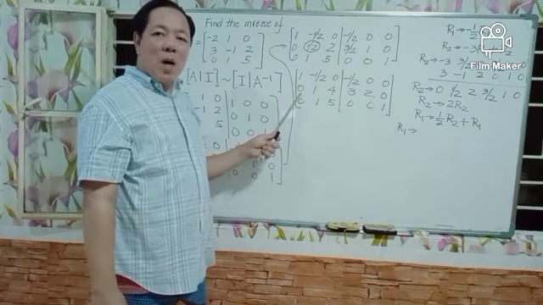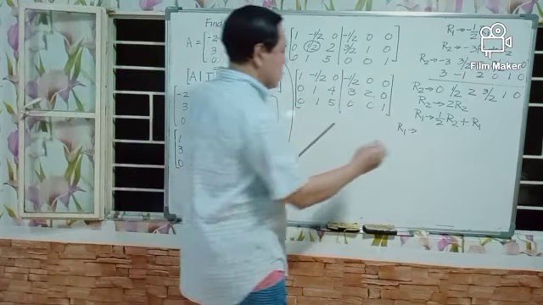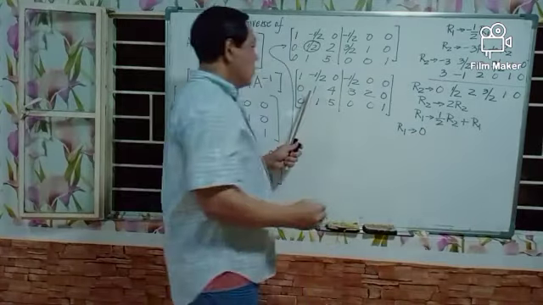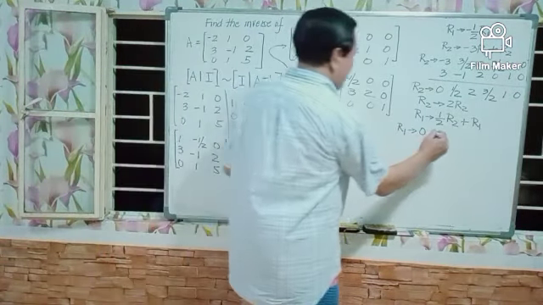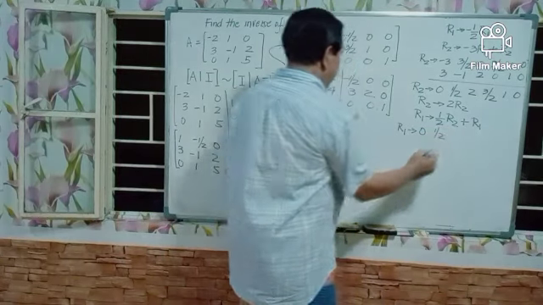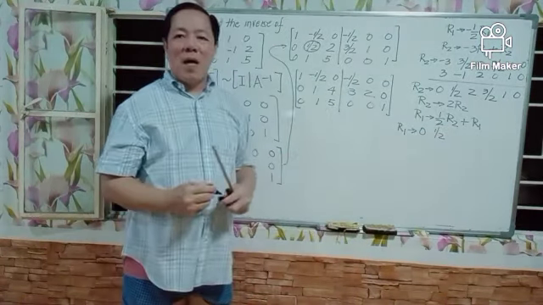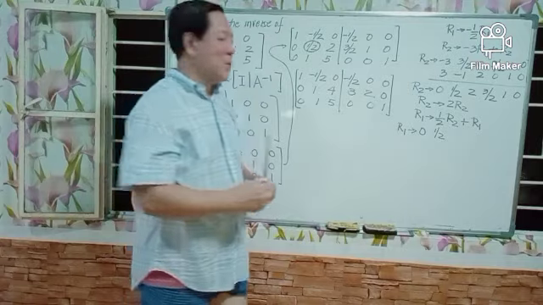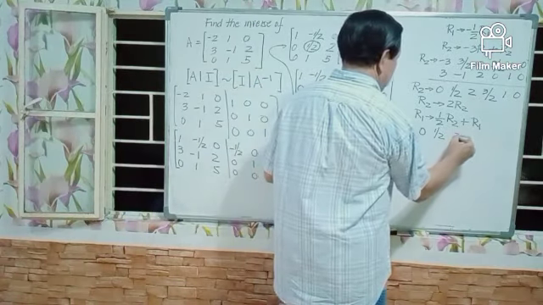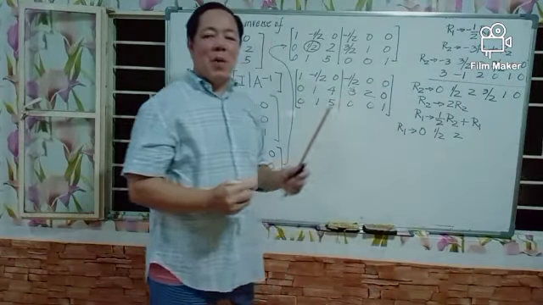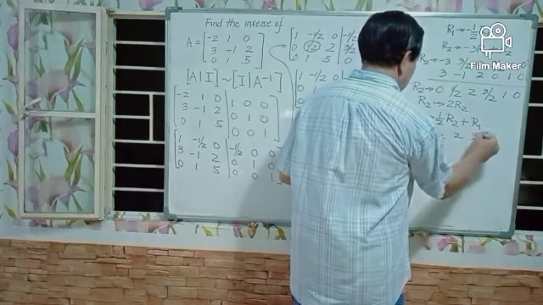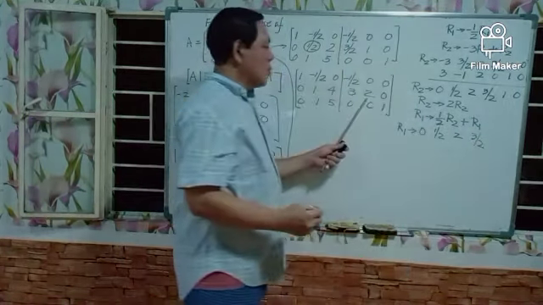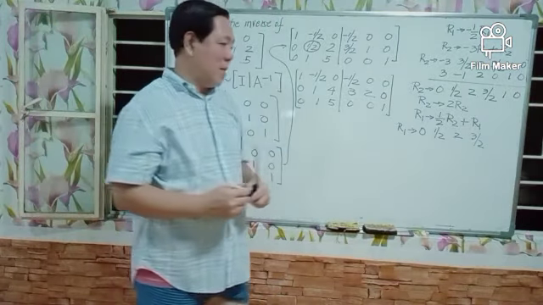0 multiplied by 1/2 is 0. 1 multiplied by 1/2 is 1/2. 4 multiplied by 1/2 is 2. 3 multiplied by 1/2 is 3/2. 2 multiplied by 1/2 is 1.